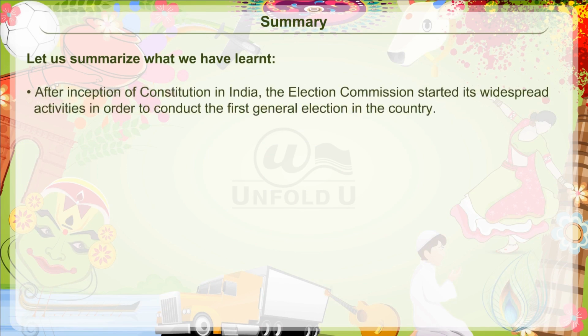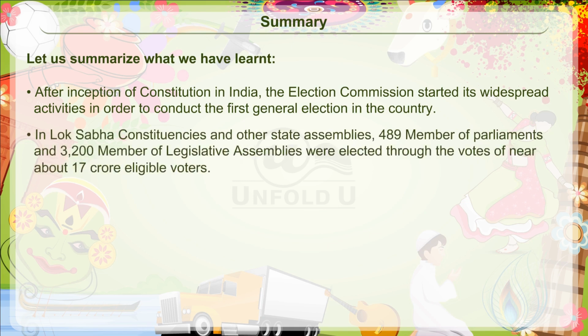Summary. Let us summarize what we have learnt. After the inception of the Constitution in India, the Election Commission started its widespread activities in order to conduct the first general election in the country. In Lok Sabha constituencies and other state assemblies, 489 members of parliament and 3,200 members of legislative assemblies were elected through the votes of nearly 17 crore eligible voters.